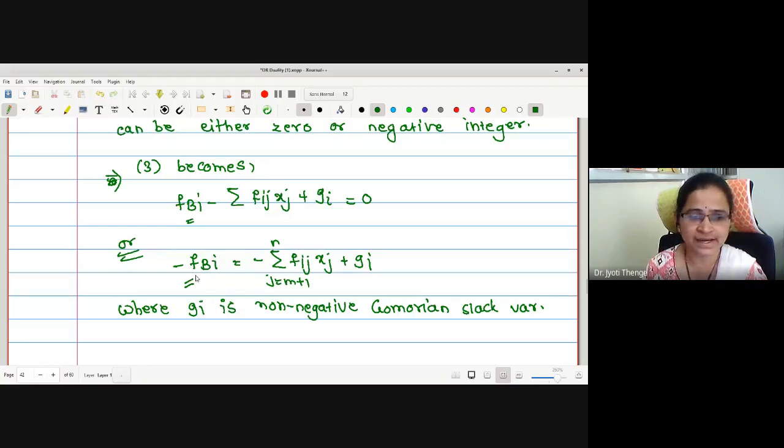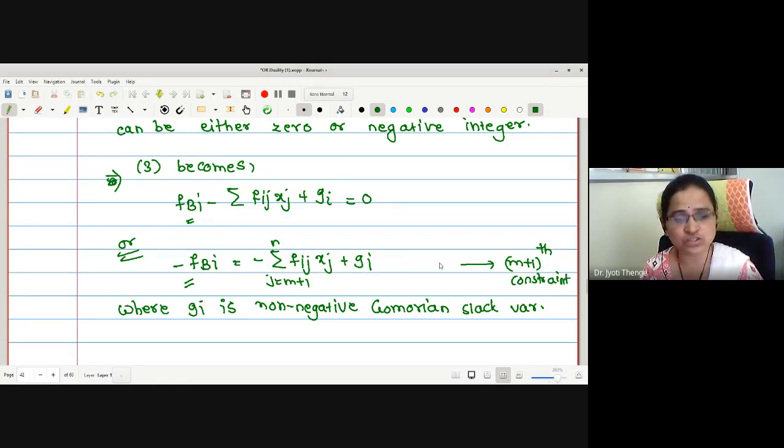Due to this right-hand side negative value, the solution is going to become infeasible, because we have to add this constraint to the original problem. If I add it to the original problem, this will be my m plus 1th constraint, which will actually be the last row of our simplex table, where the right-hand side is negative.